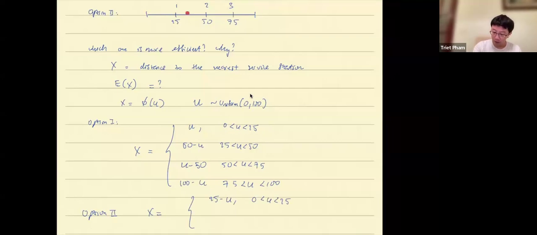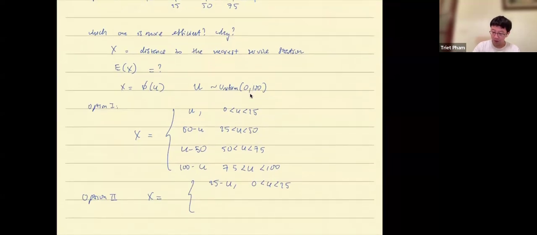But then you start to have midpoints, depending on which one's closer.